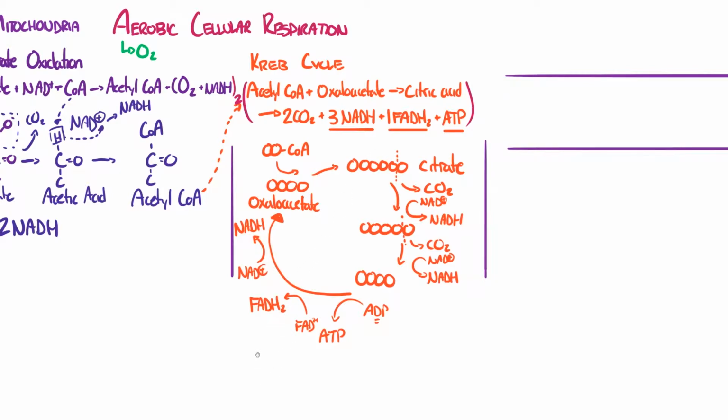So under here, because this is going to happen twice, let's say we made 6 NADH and 2 FADH2 and 2 ATP. Okay, pretty good so far.